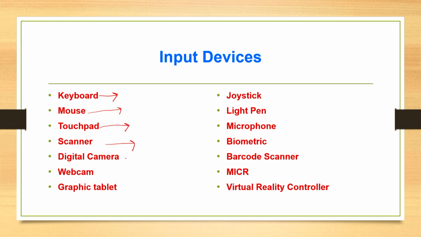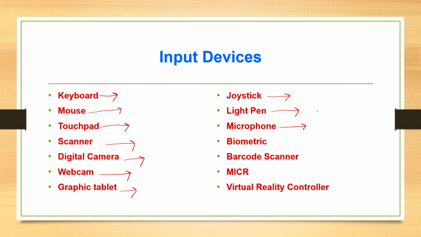Digital camera is used to store or click pictures. Webcam is mostly used in video conferencing. Graphic tablet is mainly used by architects. Joystick is used for games. Light pen, which I am using right now to write on the screen.